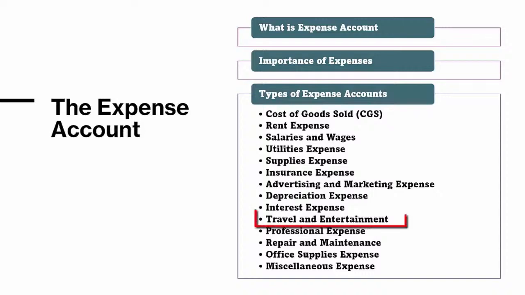10. Travel and entertainment expense. Costs for business travel and meals with clients. This could include airfare, hotel stays, and other travel-related costs. 11. Professional fees. Payments made to external professionals like accountants, lawyers, or consultants. 12. Repairs and maintenance. Costs for repairing and maintaining equipment, buildings, or vehicles used in the business. 13.